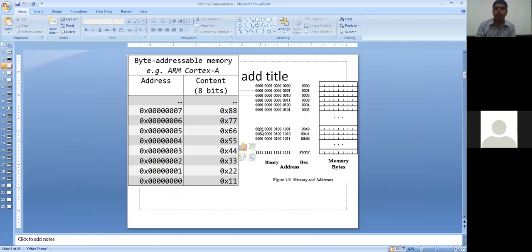For example, if you want to store some character in a memory, then each character, alphabets, numerics, special characters, anything for that matter, has to be stored as n number of bits. Do you remember how many bits are used to represent an ASCII character? We use 7 bits to represent an ASCII character.